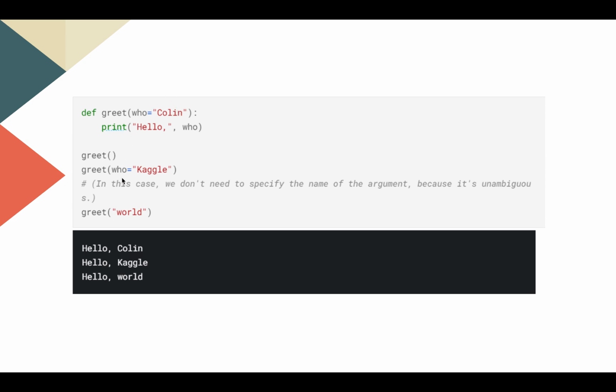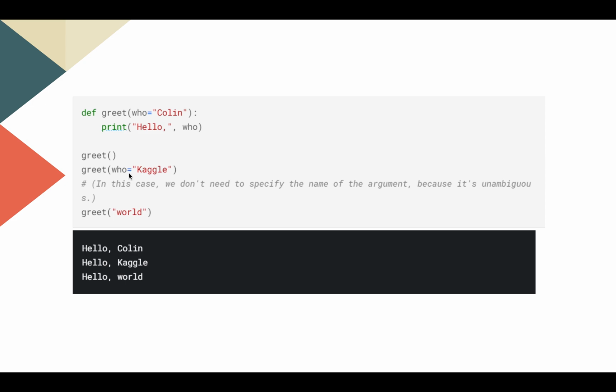And if we change the variable in the who position, we can see that the function prints accordingly. At first, it is the default, so who is colon, print hello colon. That's the first line. Next, read who equals Campbell. So print hello Campbell.